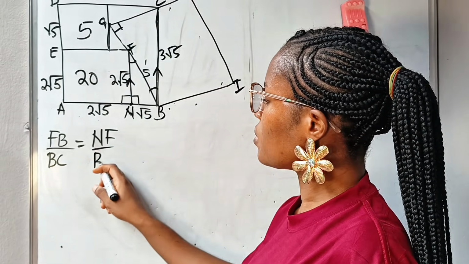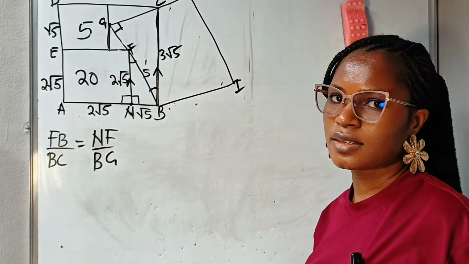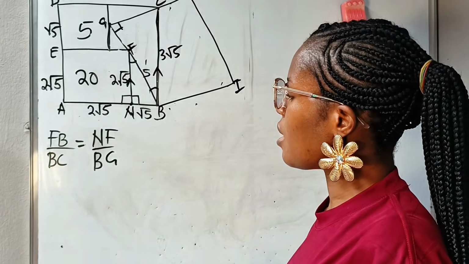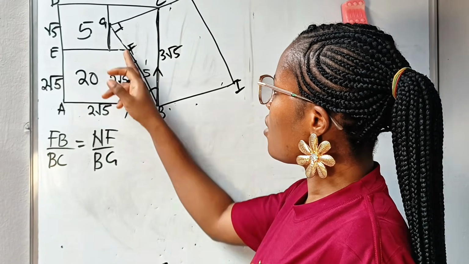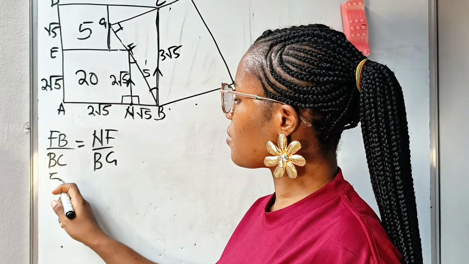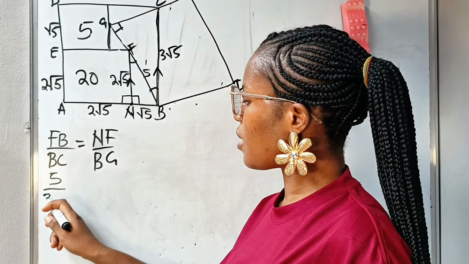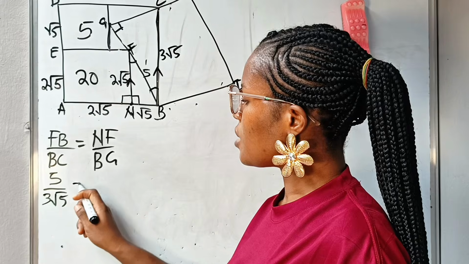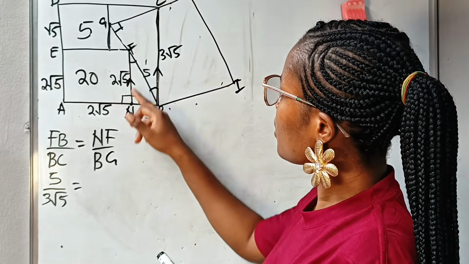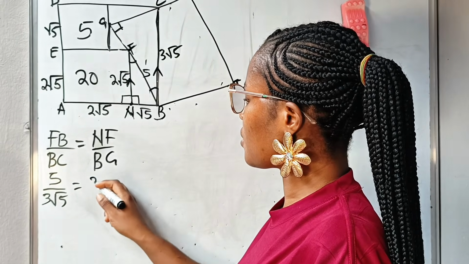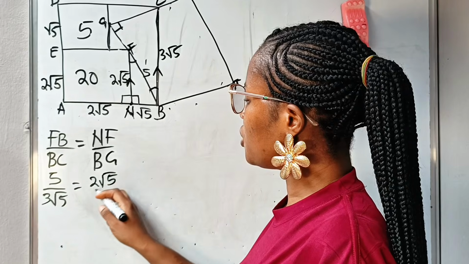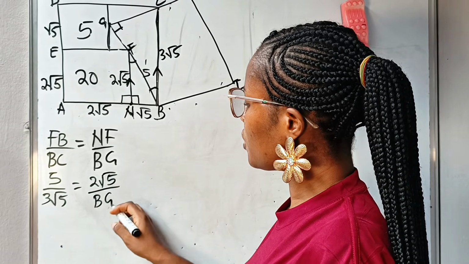Not that they are equal, that is the corresponding side. All right, so we can now put in our figures. FB is 5, so we have 5 over the hypotenuse, which is 3 root 5, is equal to NF, 2 root 5, over BG, which is unknown.